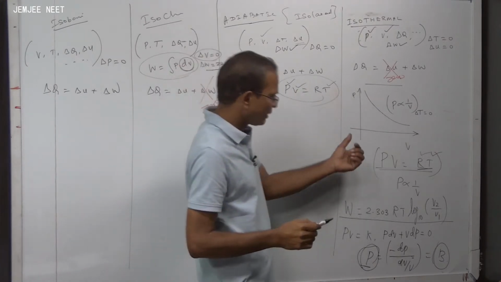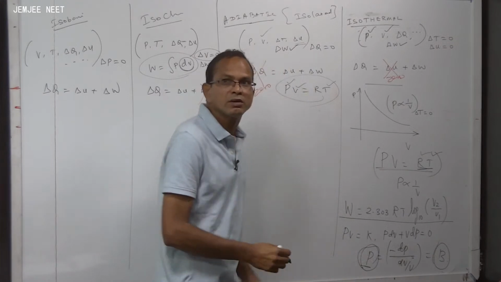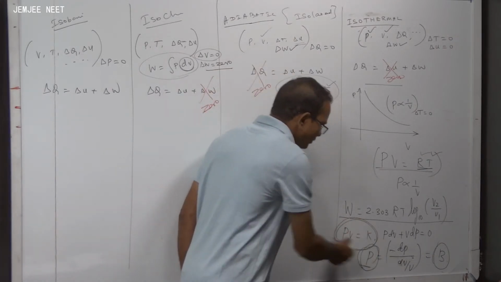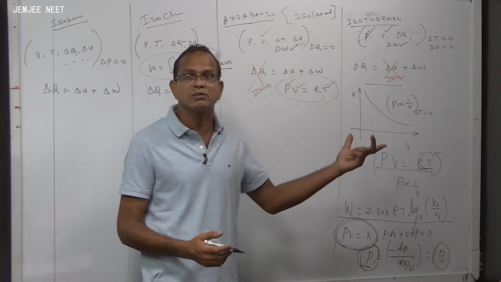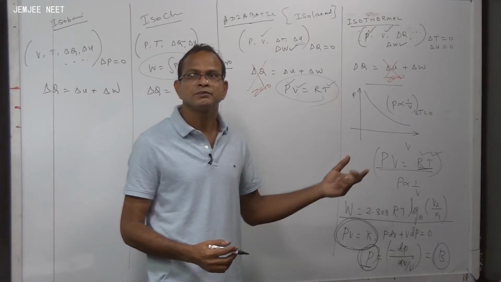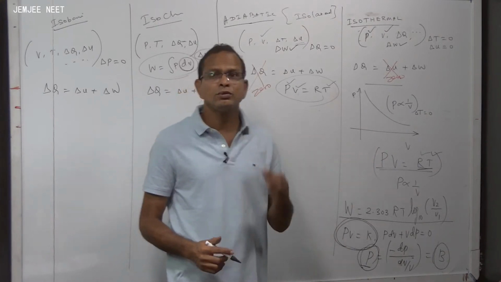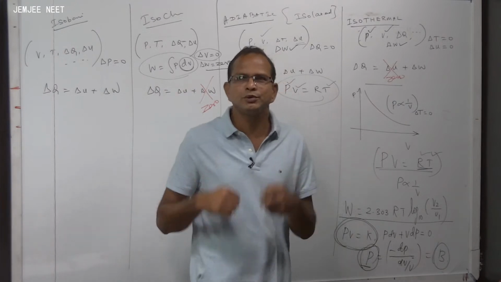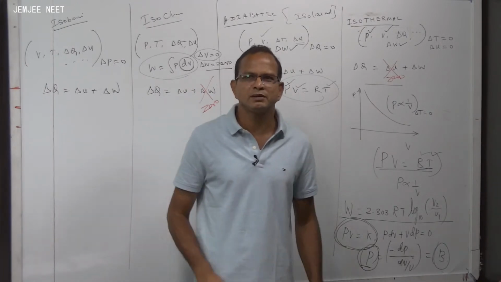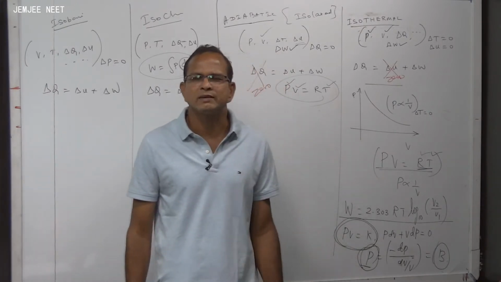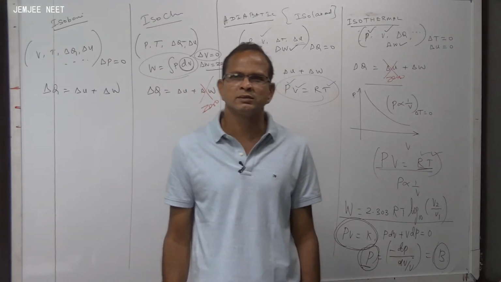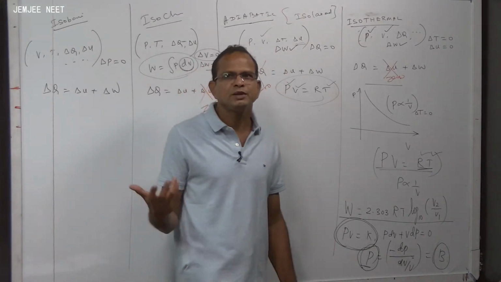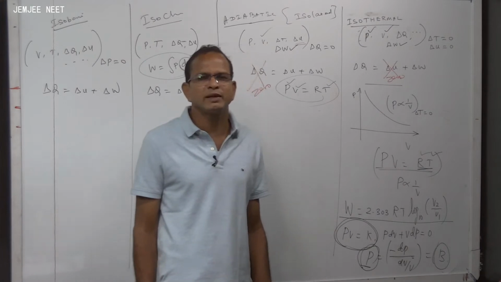Last time we had a very simple equation, PV is equal to constant, in the isothermal case. If heat is not supplied, then how will temperature change? You use a cycle pump. Do you pump your cycle? At the end, is your cycle pump hot? You did not put it on a stove, you did not supply any heat.